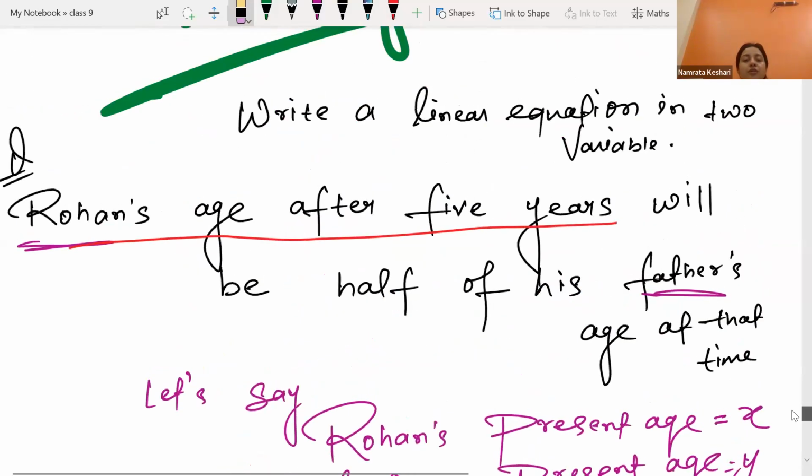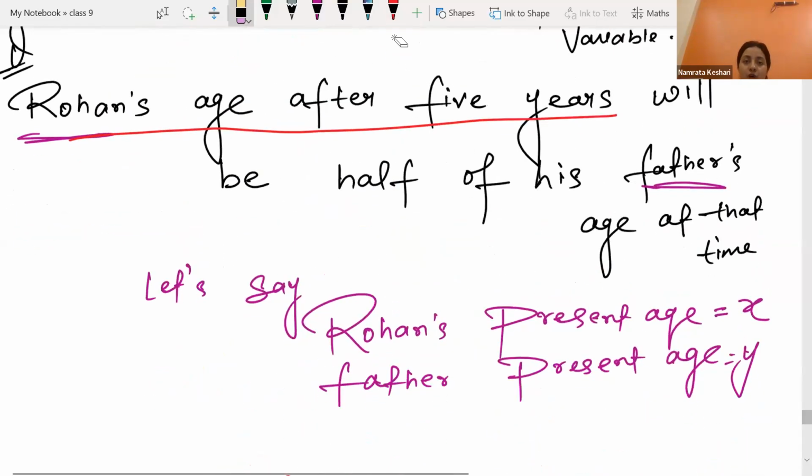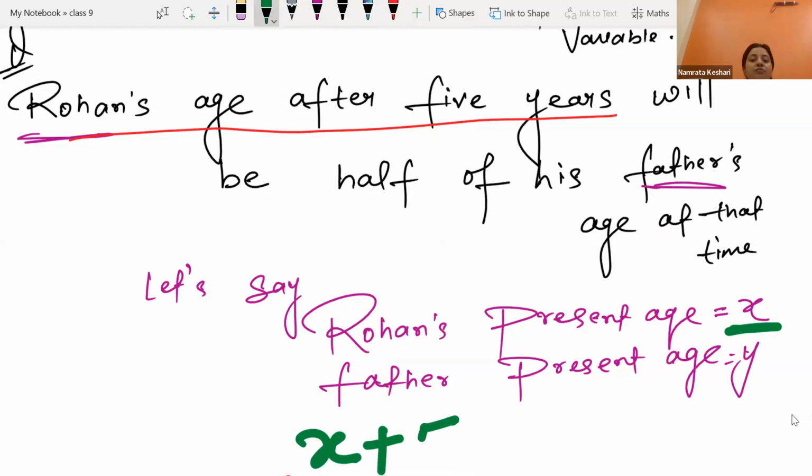Rohan's age after 5 years. So from present, after 5 years, current age is x, after 5 years it will be x plus 5, right? Yes. Okay, will be equals to half of his father's age at that time.